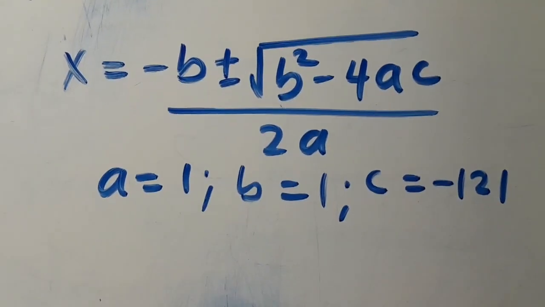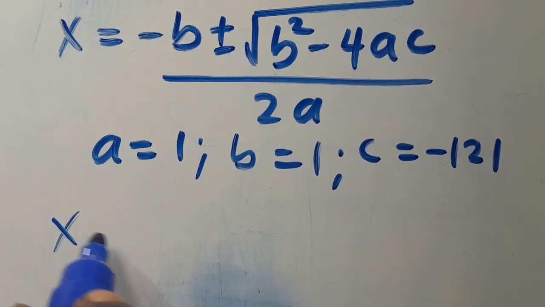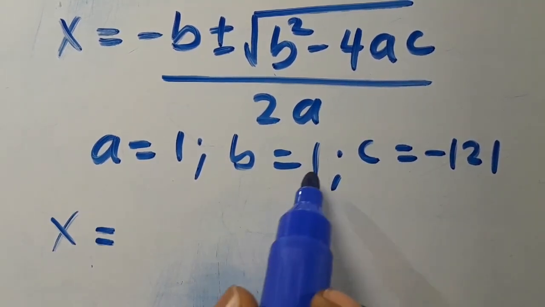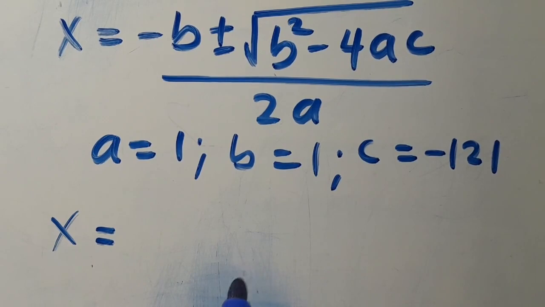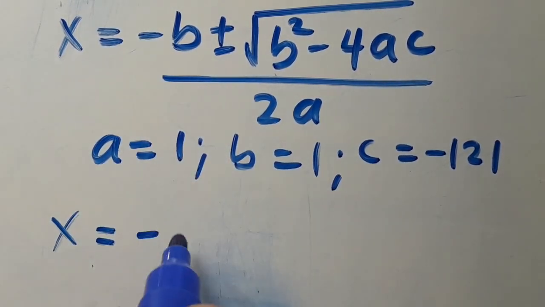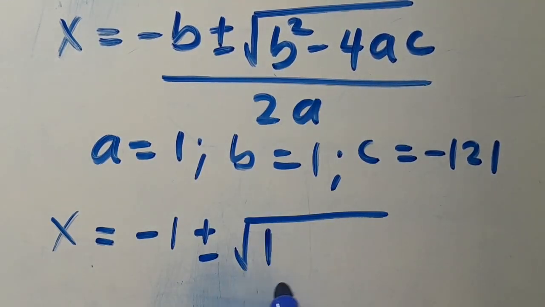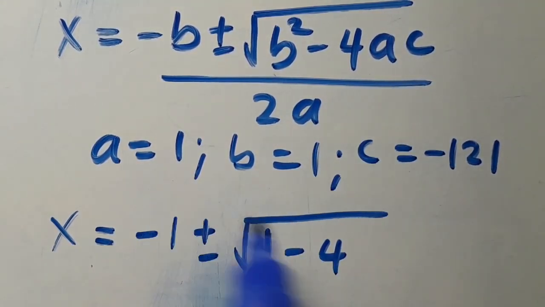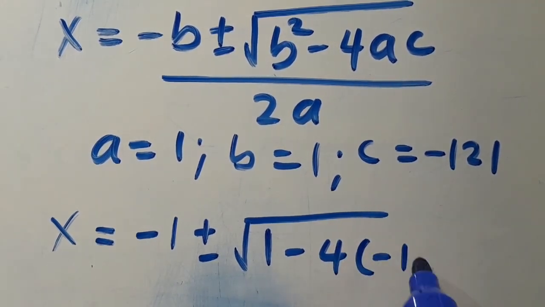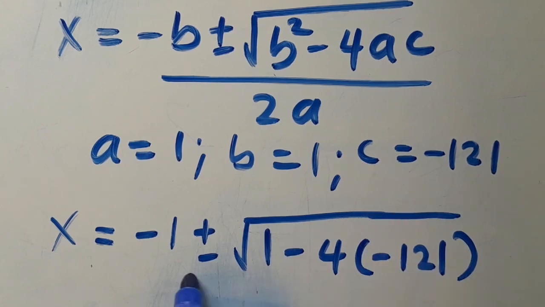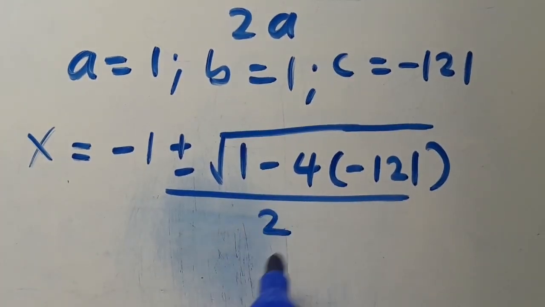Let's plug in everything here. We are going to have x equals minus 1, positive or negative, root of 1 squared, which is 1, minus 4, a is 1, multiplied by c is minus 121, all divided by 2.